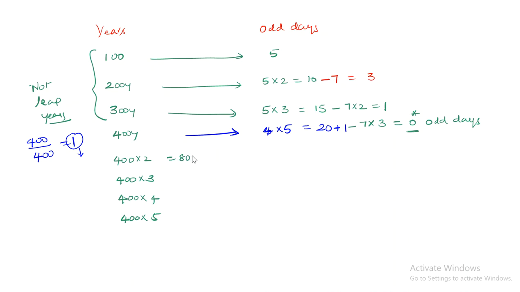So 800 years also has 0 odd days, 1200 also, 1600 also, and the year 2000 also has 0 odd days. This is a very important concept to understand these calendar problems. Next we'll talk about the model questions.